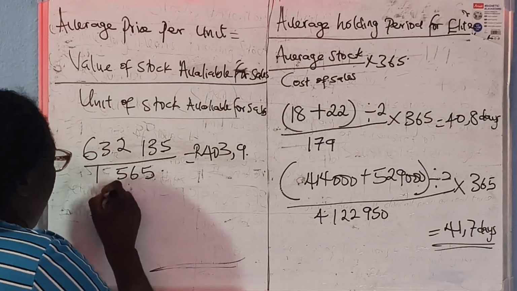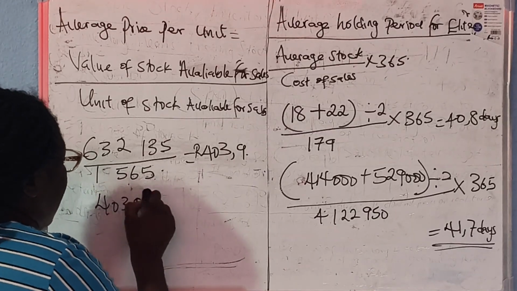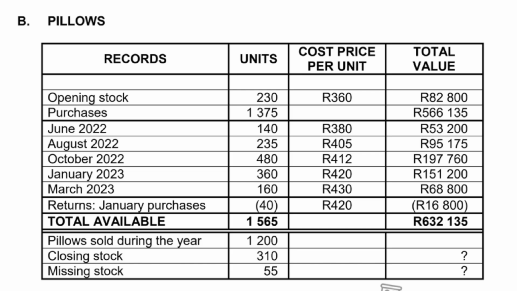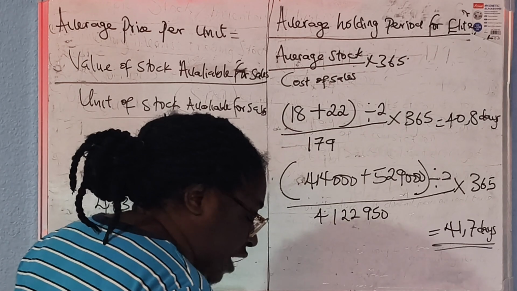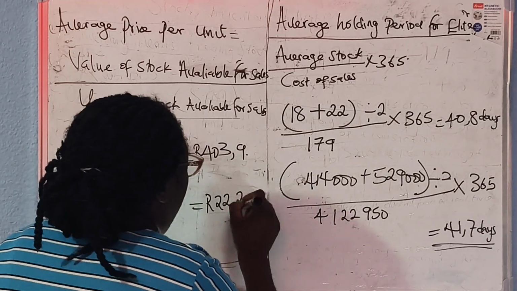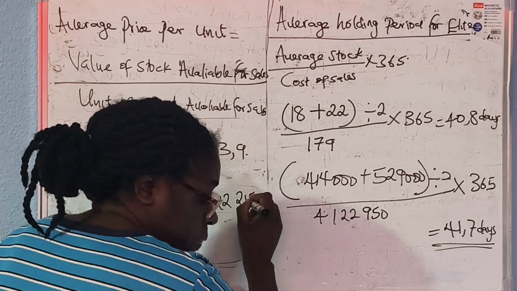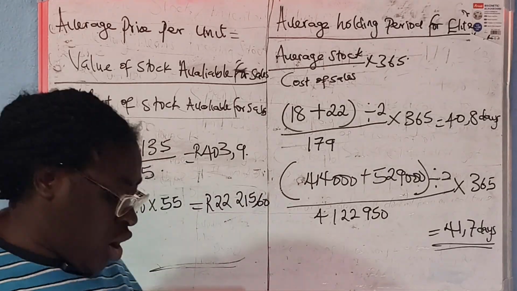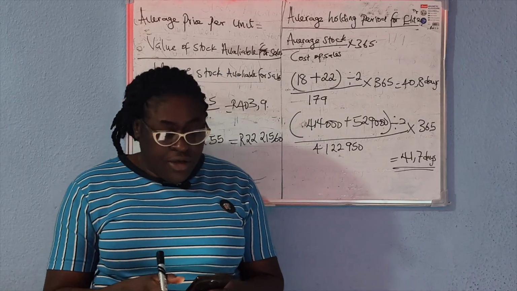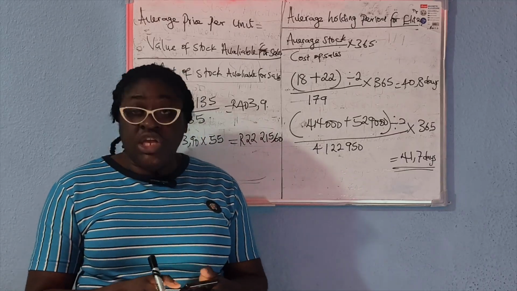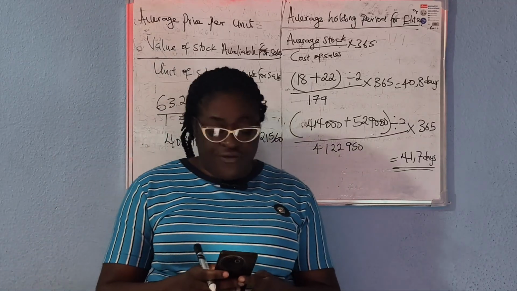So I can say 403 rand 90 cents multiplied by the missing units. When I multiply these two, I get the total value of 22,215.50. And that is the value of the missing stock of 55 units.